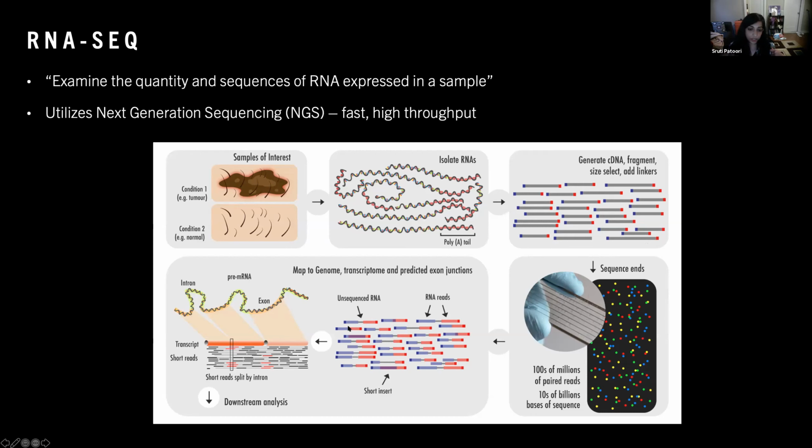And when you get your sequence back as these little DNA fragments, literally just A, C, T, G, and so on, this is the bioinformatic analysis, which I will go through in a bit. You align that to the genome, like if this was a human sample, you would align it to a human genome, and then start to look for your quantitative data: which genes are expressed, how much, which genes are expressed in condition 1 that are not expressed in condition 2, which genes are more expressed in condition 1 than condition 2, etc.